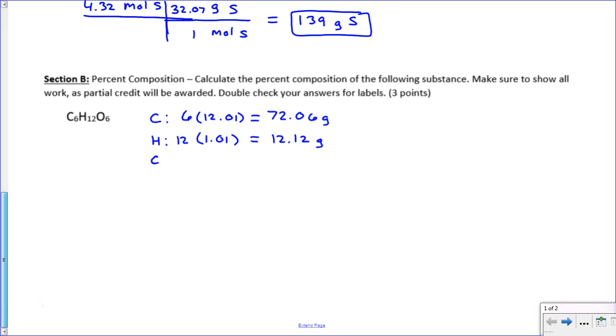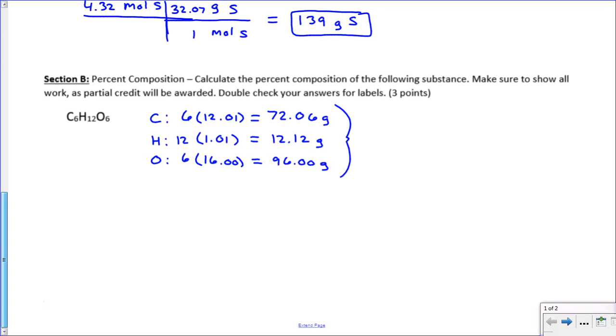And for oxygen, there are 6 of them, and they have a mass of 16.00 each. If we multiply 6 times 16, we get 96.00. The next thing you do is you combine these all together.